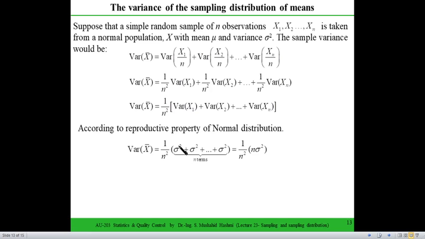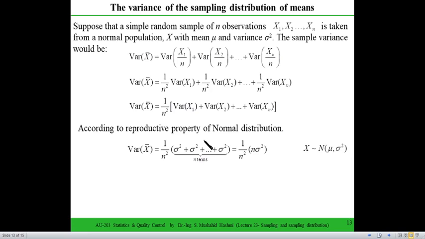also the population. The population is x1, x2, xn, and if you take different random numbers, each of x1, x2, xn would behave exactly in the same manner as the population, because the samples are taken from the normal population, and the random variable for the population is normally distributed with mean mu and variance sigma square.